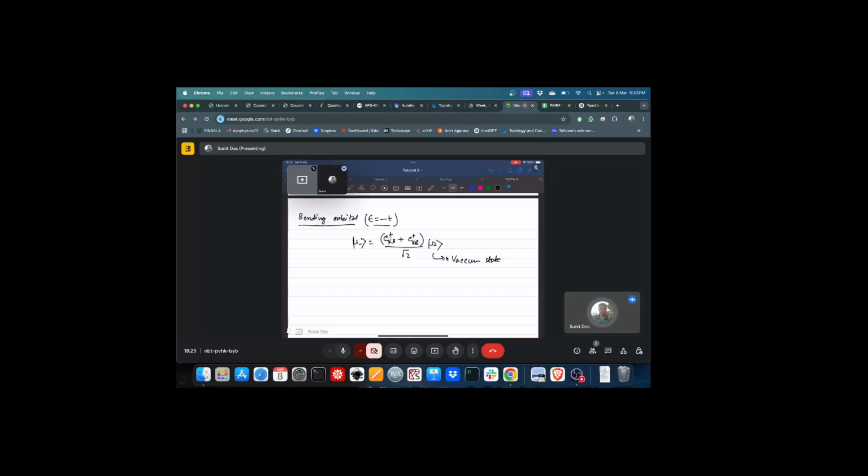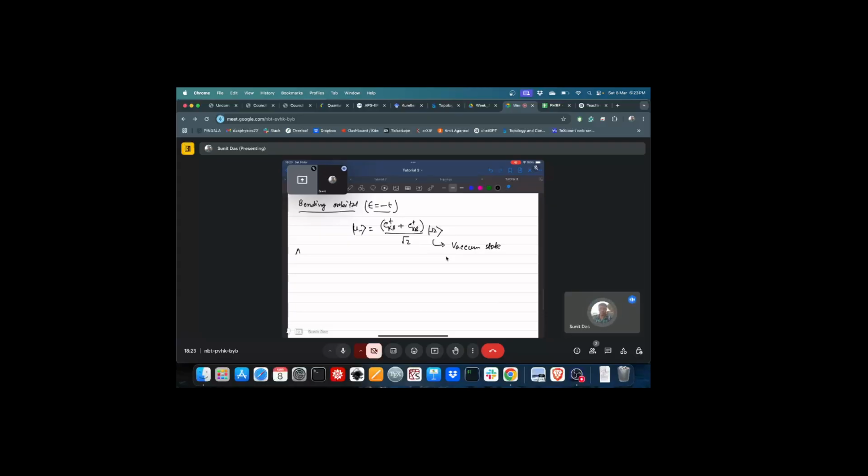Once you operate the creation operator on the vacuum state, you create states, and so this is the bonding state or bonding orbital. Then, similar to the previous case, there is the anti-bonding orbital, corresponding to energy equal to plus t, the excited state, which will be u plus equal to c_kA dagger minus c_kB dagger by root 2 omega. Okay.